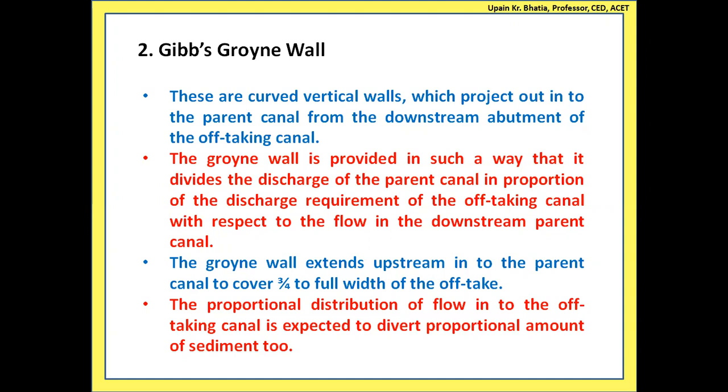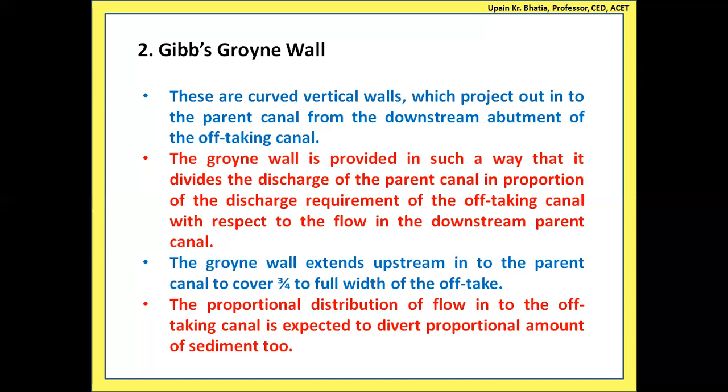So a weir is an obstruction in the form of a wall which is provided on the full width of the channel. But a groin or spur is a similar obstruction which is provided for a partial width of the channel. It starts from one bank, but it does not reach the opposite bank.